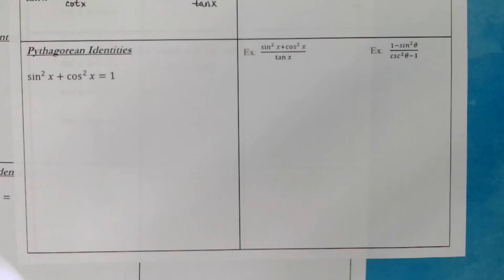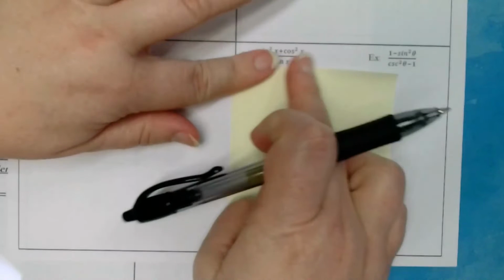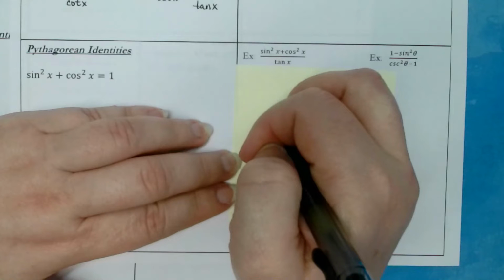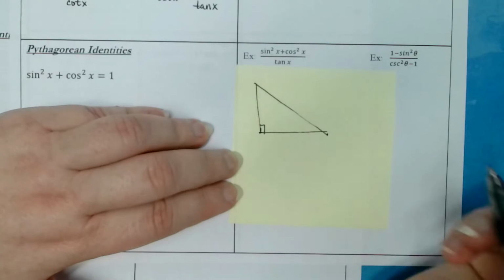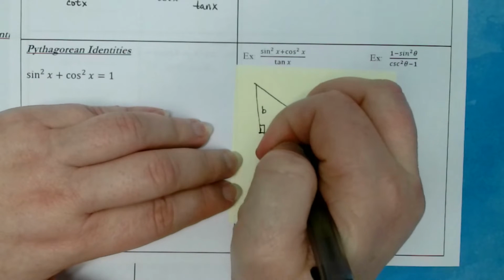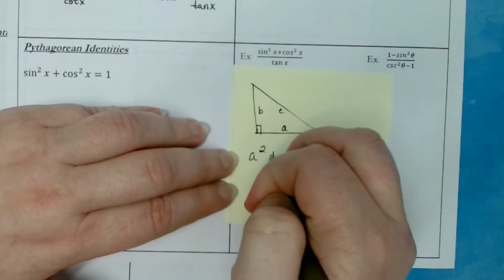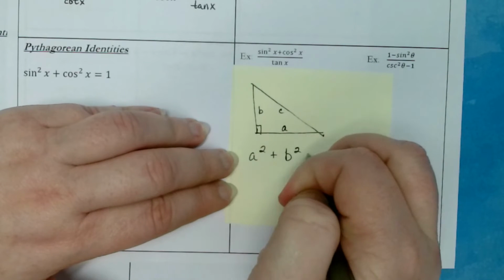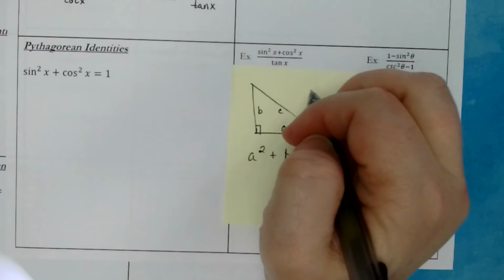Okay, so for my Pythagorean identities, you guessed it, we have a Pythagorean triangle. So we have our nice little triangle here, right? And you guys know how it goes. It's a squared plus b squared equals c squared. That's our Pythagorean identity. Well, in the unit circle, c was always 1.